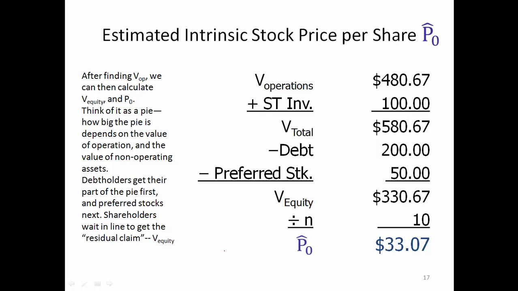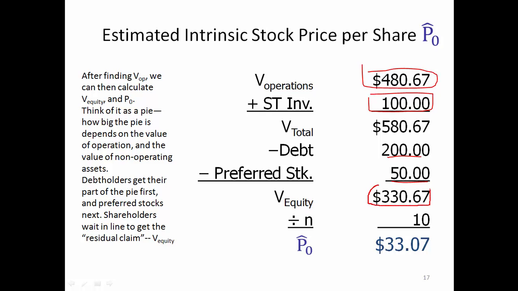After finding the value of operations, we can then calculate the value of equity and also the stock price per share, P0. So 480.67 value of operations, or say value of operating assets, plus the 100, that's the value of non-operating assets, which is the amount of short-term investment in this case. So we got a total of 580.67. Now this 580.67 is the total value of the company, and it belongs to all investors. And among them, debt holders get 200, preferred stockholders have 50, then the rest belong to common stockholders.